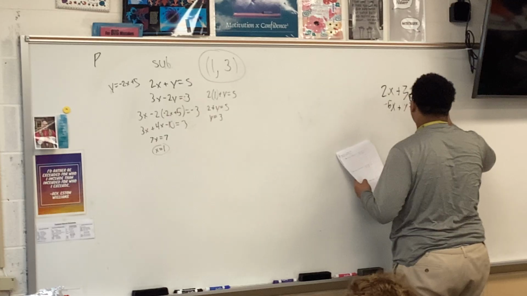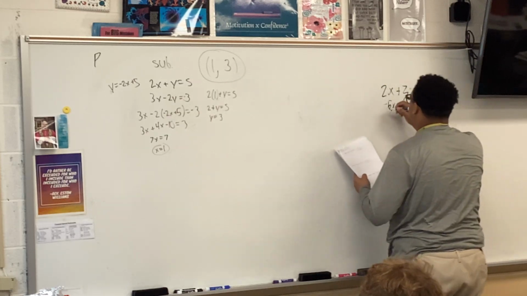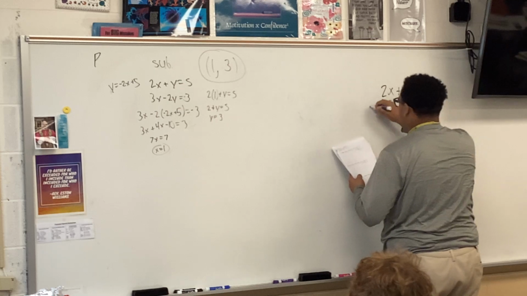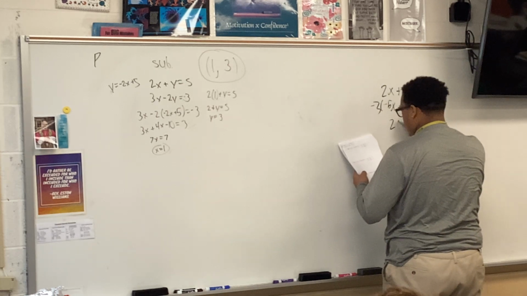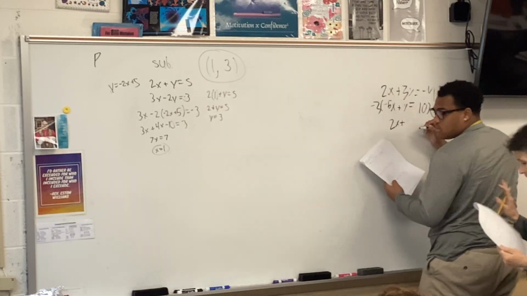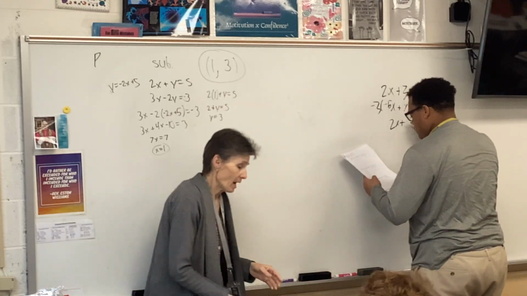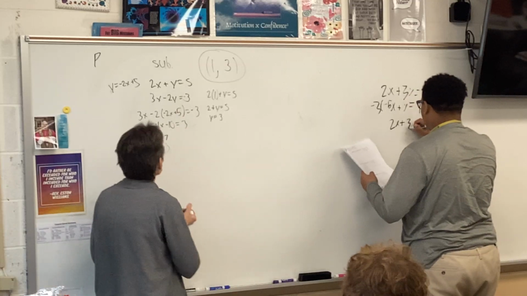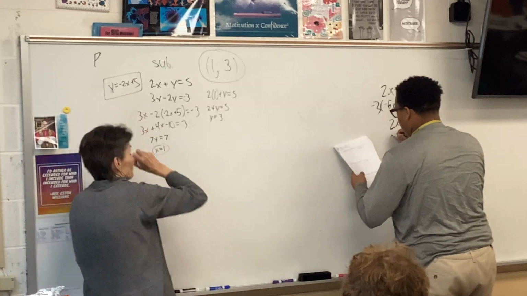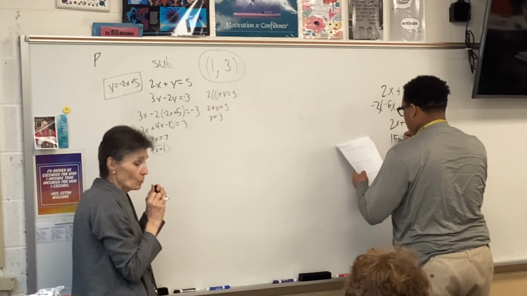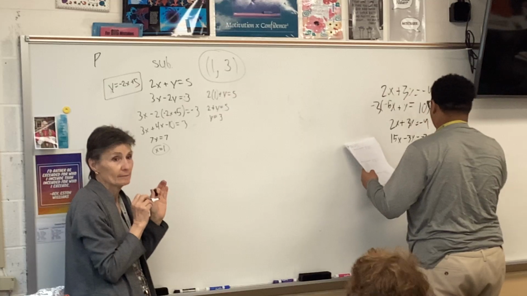How many of you got 1, 3 for the first answer? Good. Now remember, when I check this, because the directions are very specific, I will be checking for something like this right here. Nolan decided to get y by itself, great choice.